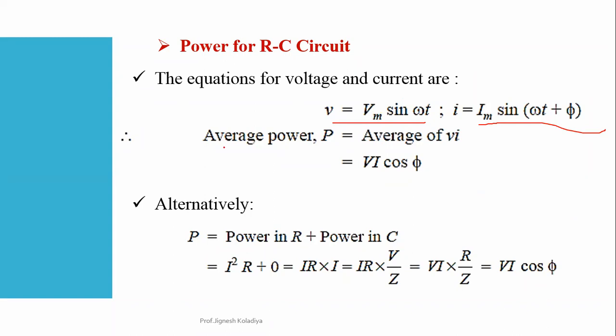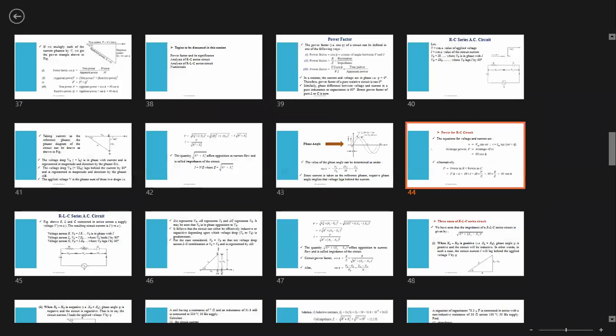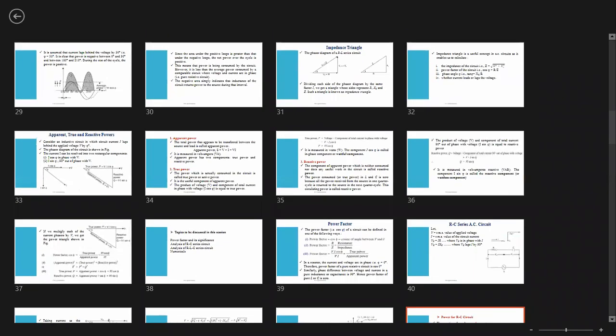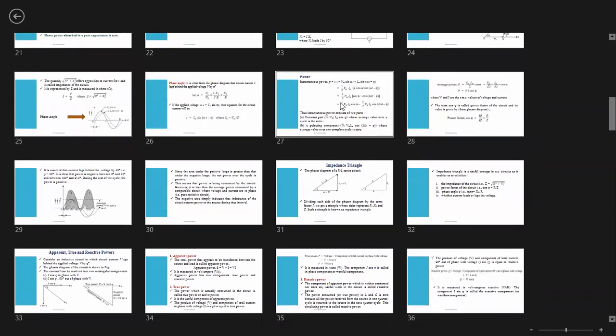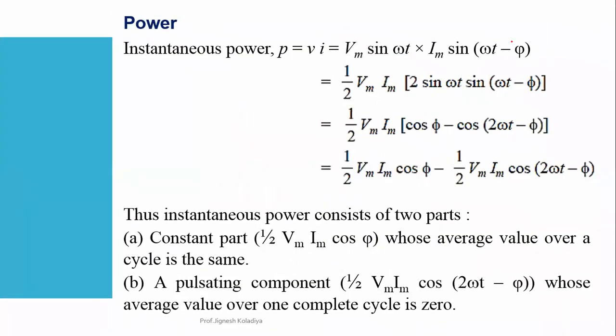So average power P is equal to what? Average of vi. And we know that average of vi is VI cos phi, because only difference is here it is a plus sign.